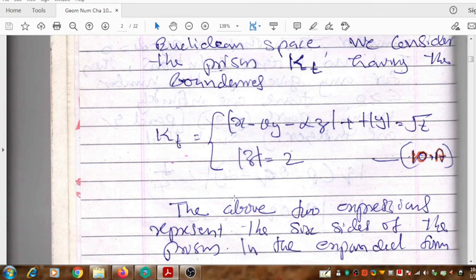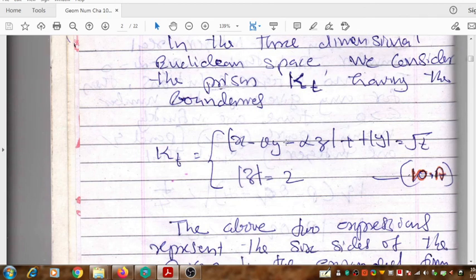Two of these faces are given by modulus of z is equal to 2, and the other 4 faces are given by modulus of x minus theta y minus alpha z plus modulus of t times modulus of y equal to root t.